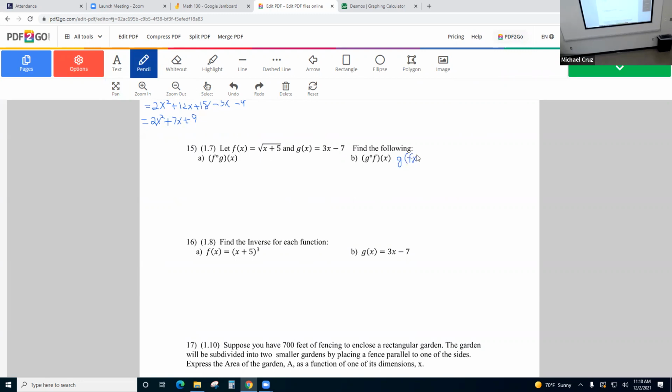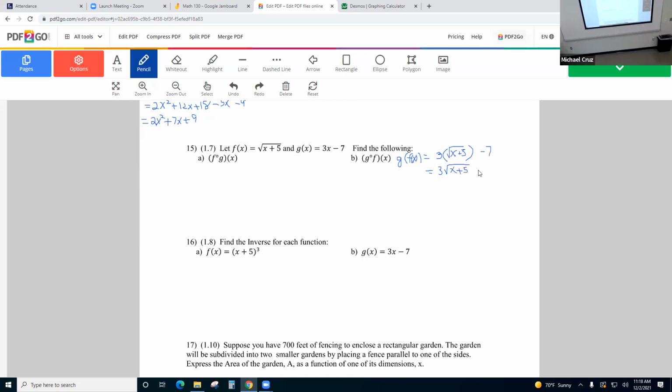In other words, f of x is going inside of g. So 3 times the square root of x plus 5 minus 7. So there's not much we can do there. It just stays that way. Yeah, there's nothing we can really do.